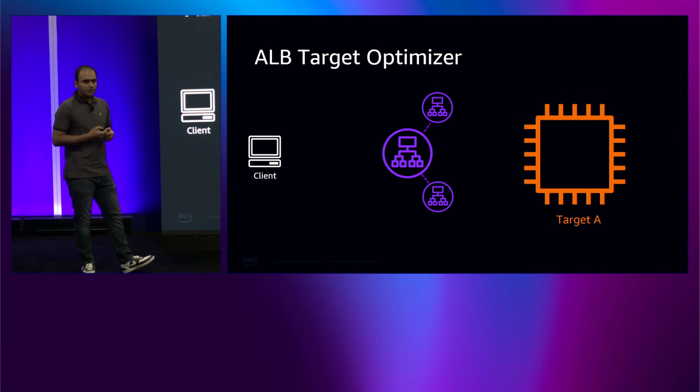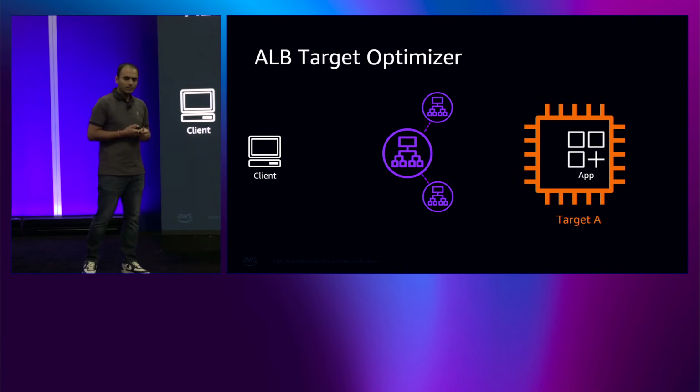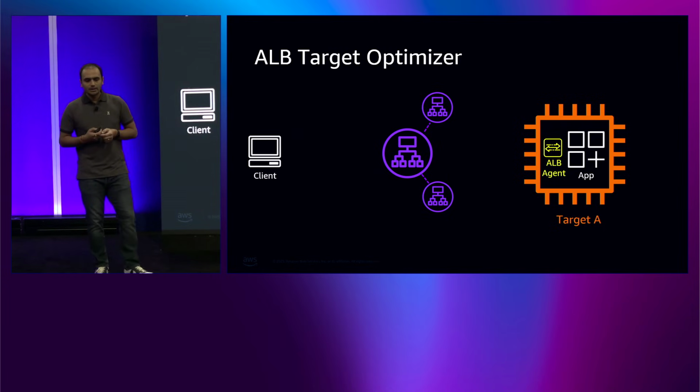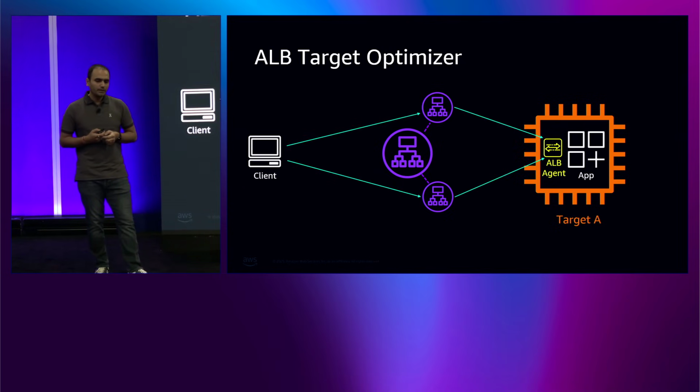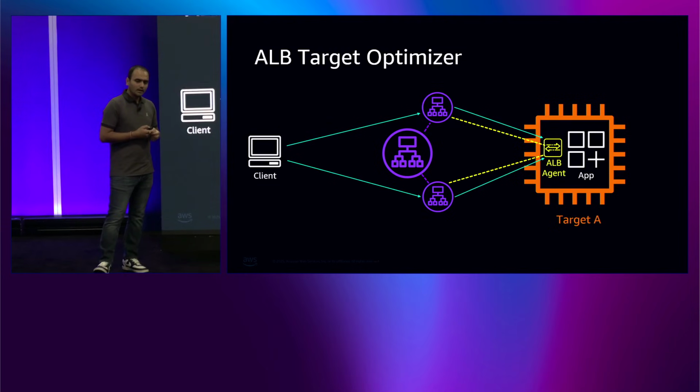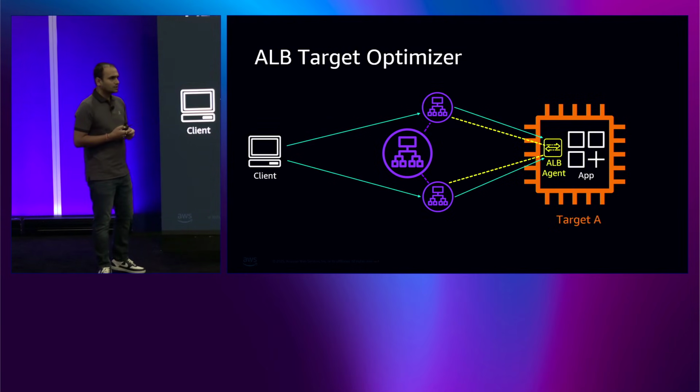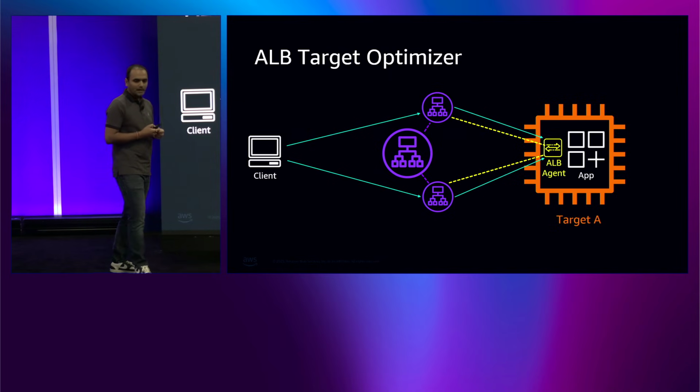The way Target Optimizer works is that on the target where your application is running, you install an agent that is provided by AWS. This agent serves as a proxy between the load balancer nodes and the application. It also establishes control channels with the load balancer nodes on which it exchanges management traffic.